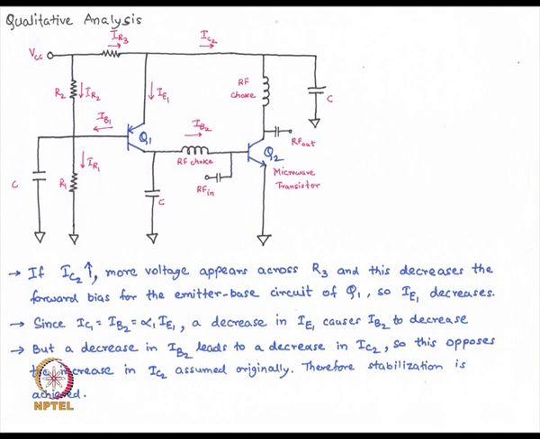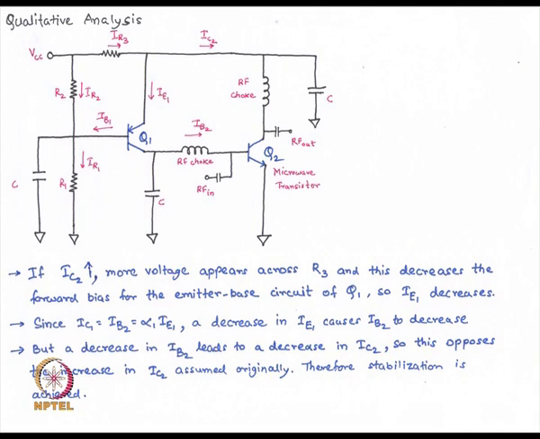If IC2 increases, then the voltage across R3 will increase. If the voltage across R3 increases, then the voltage drop across the emitter-collector terminals of this transistor Q1 will reduce.